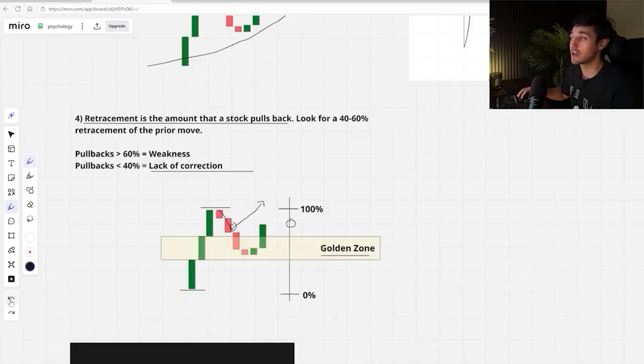It hasn't gone through enough of a resting period for prices to continue higher. And similarly, if you see a really deep pullback into this area, well, prices are really weak. And what tends to happen is it starts to move up, you get excited, and then it fails. And that's just through my personal experience. You want to see it into the golden zone, the 40 to 60% retracement of this prior move. That's really the sweet spot.